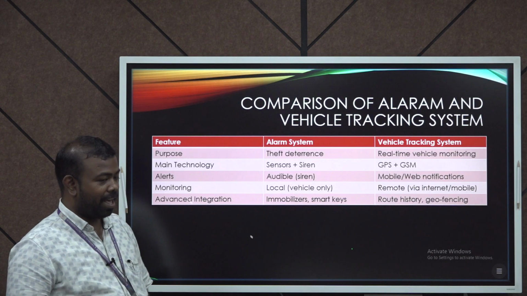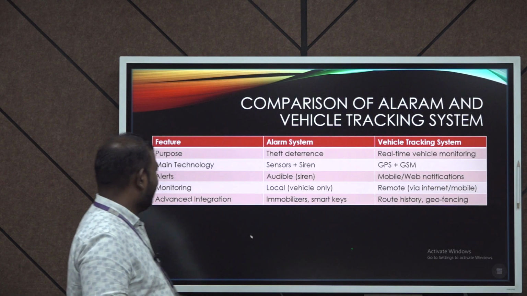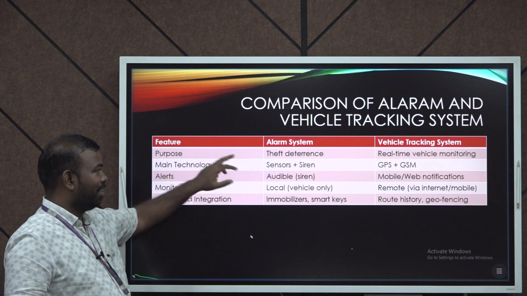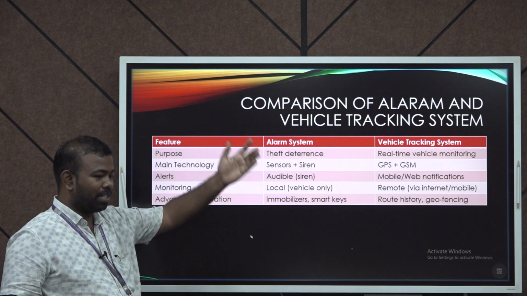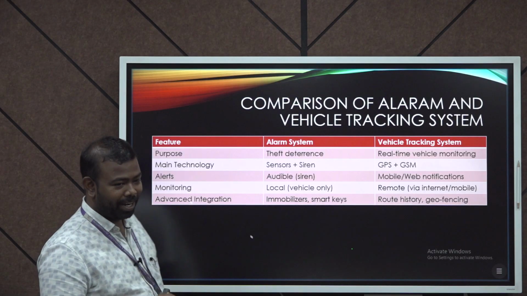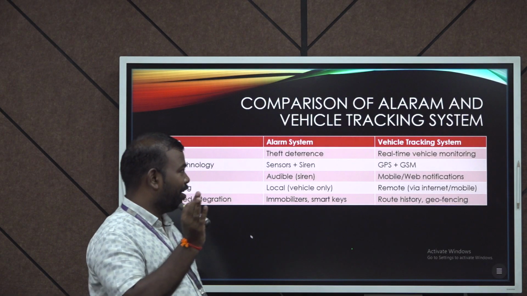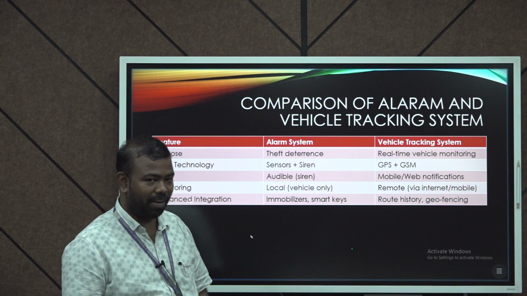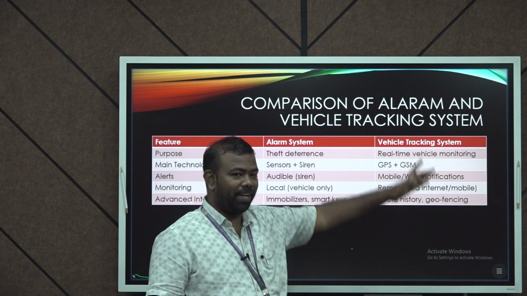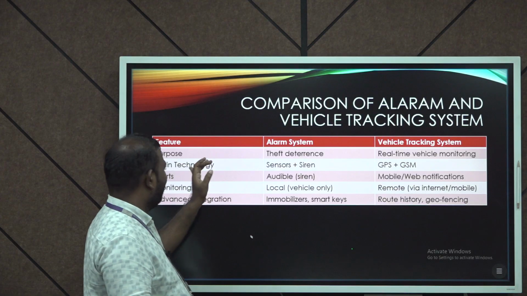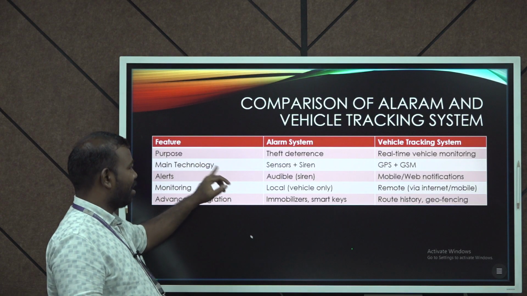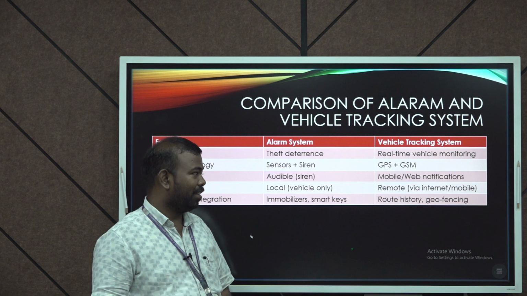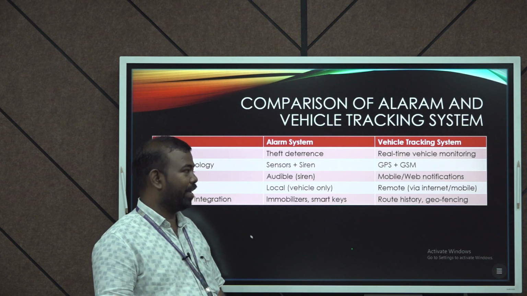Comparison of alarm and tracking system. Purpose, we need to be clear about the purpose. If we need to stop theft, we need to go for an alarm system. If we need real-time monitoring of our vehicle, we need to go for a vehicle tracking system. For the main technology, here we need to use sensors and sirens or lighting for notification.